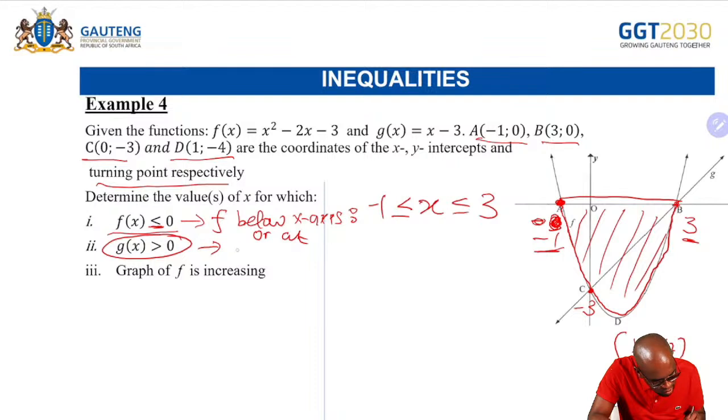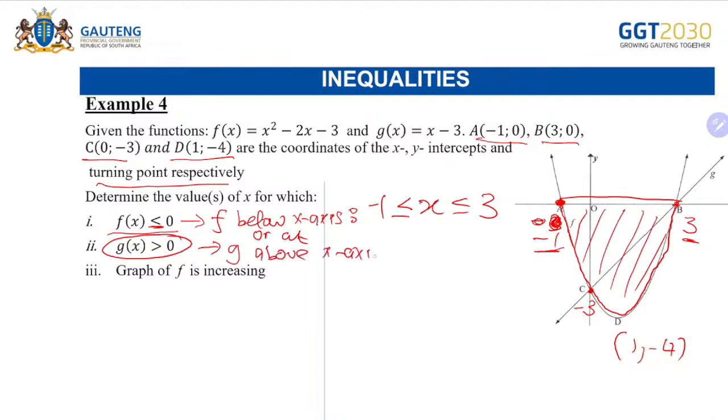Now let's look at the second one. It says g above the x-axis. That's how we interpret it. So how do we get the region where g is above the x-axis? We locate the graph of g. Check what I'm going to highlight. I'm highlighting this portion because that is the portion of the graph that is above what? The x-axis.